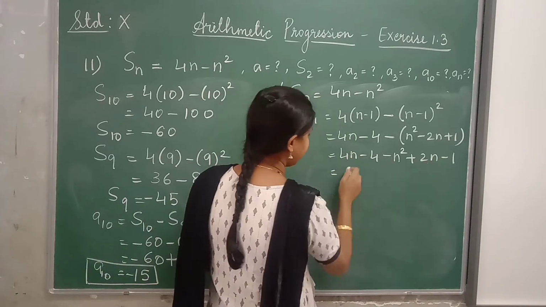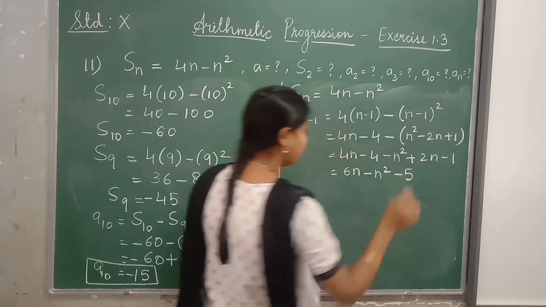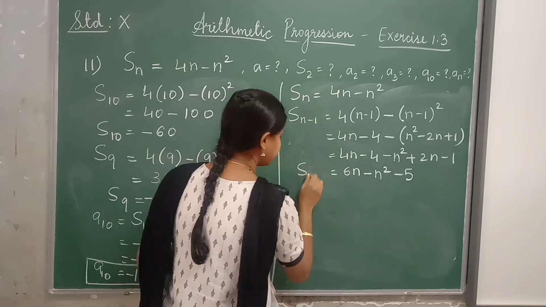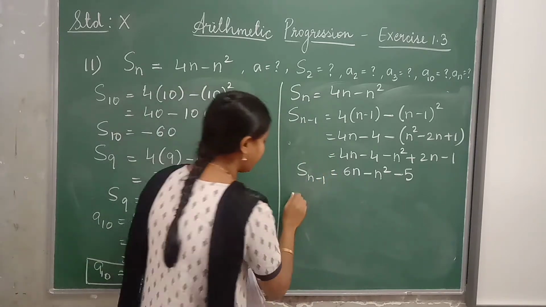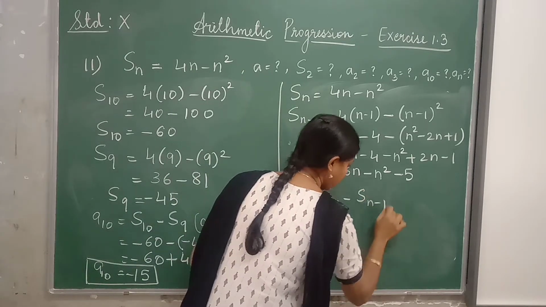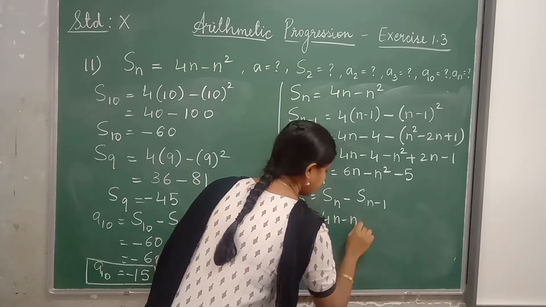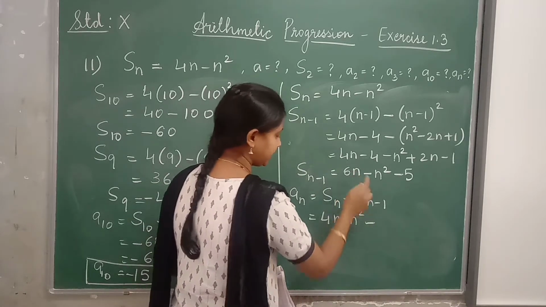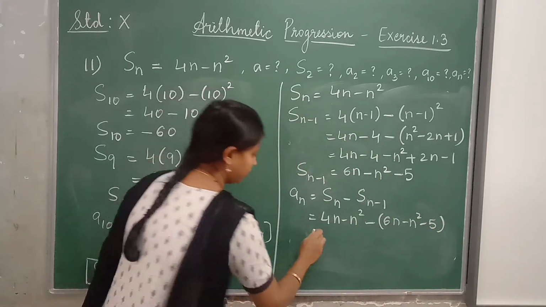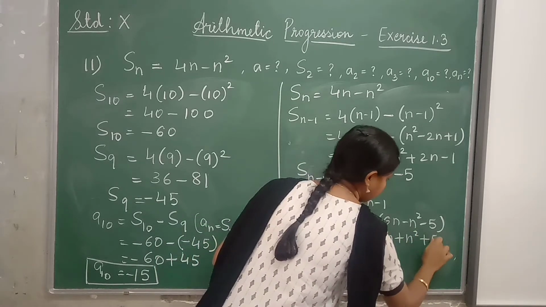So you get 4n plus 2n is 6n minus n square minus 4 minus 1 is minus 5, plus n square plus 5.